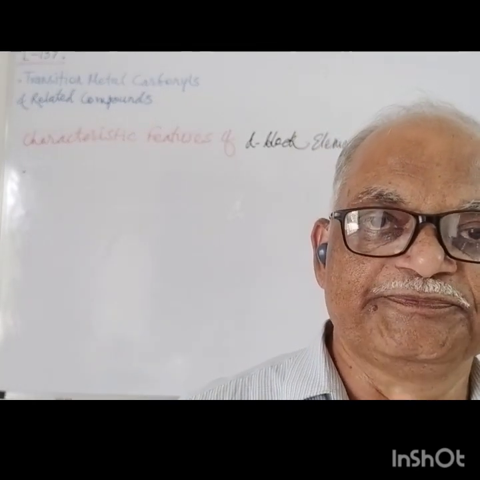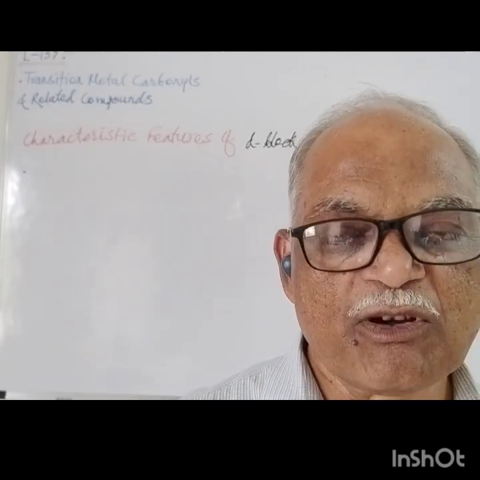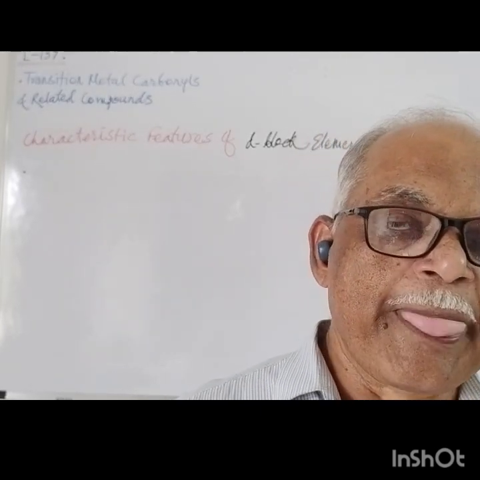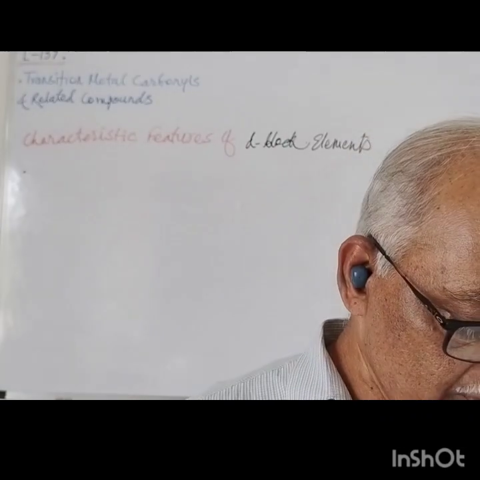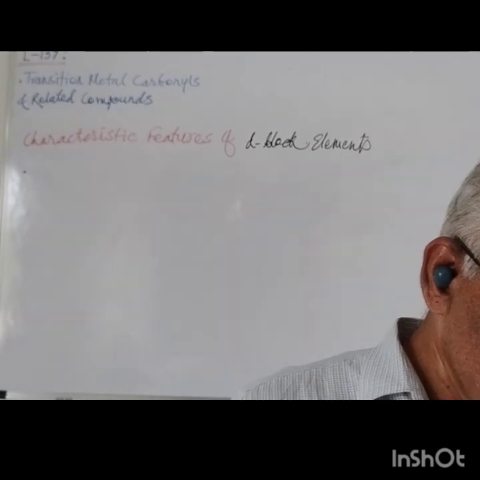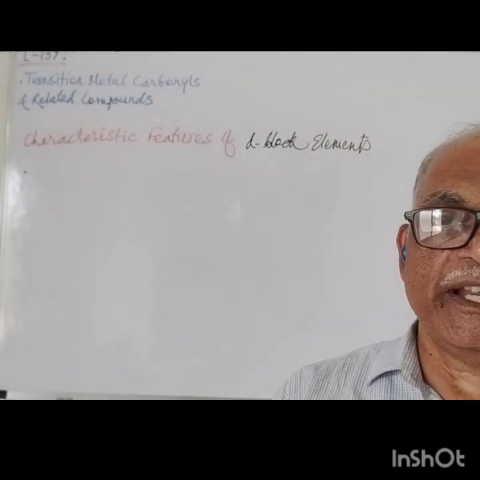So these D block elements, we know that they have the N-S orbital, then N-1 D orbital and N-P orbital. So in this way, metal can use these orbitals.